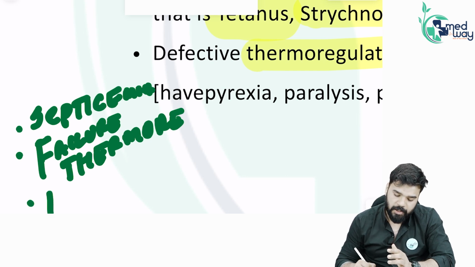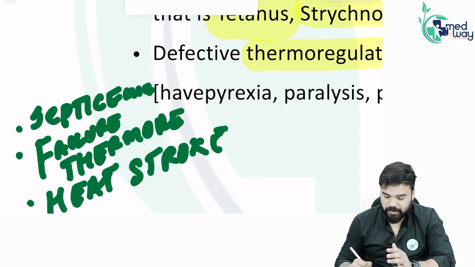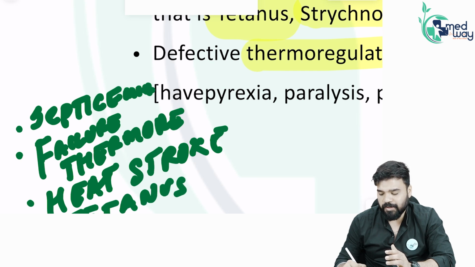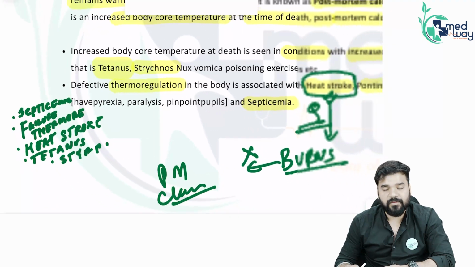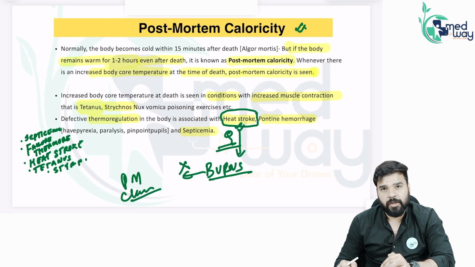Third one is heat stroke. Fourth is tetanus. Fifth is strychnine poisoning. Okay, remember these 4-5 things. Okay, and we are moving forward now.